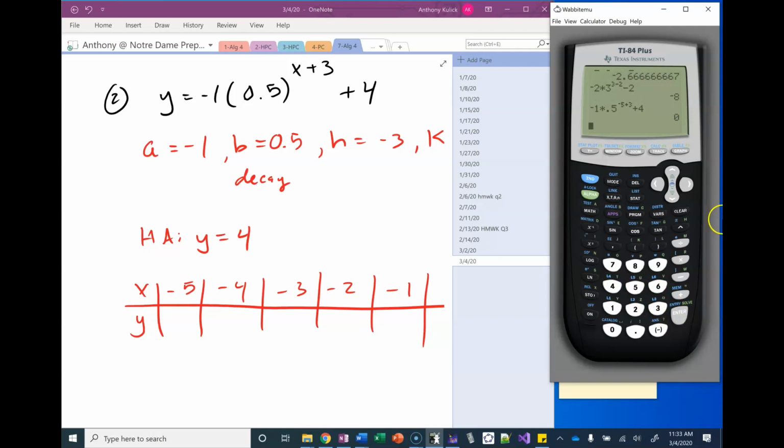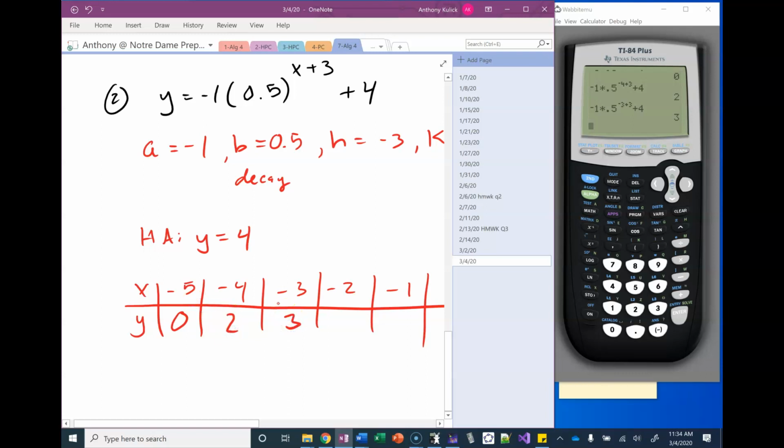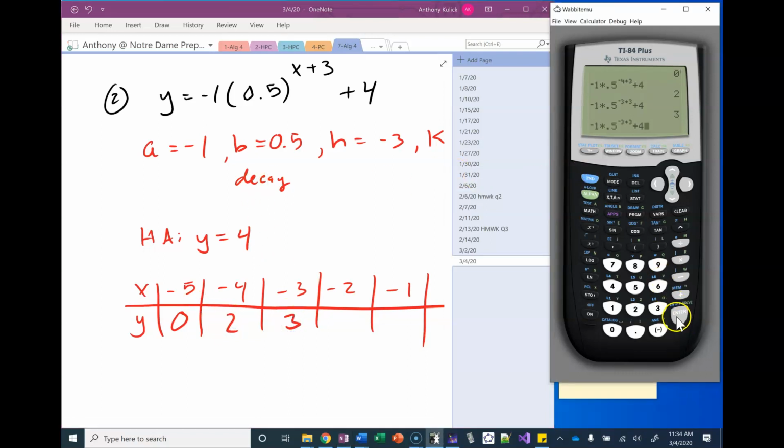So there's 0, 2, 3. I should probably write some of these down. 3.5, and then 3.75 probably. Yep.